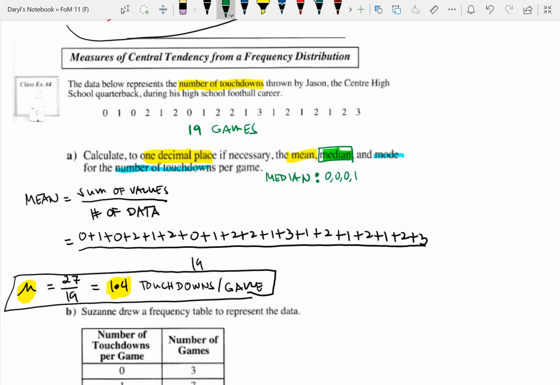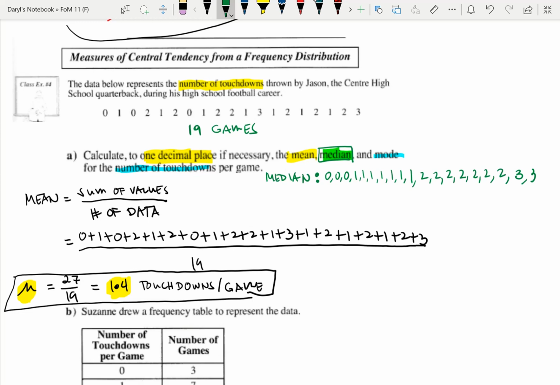How many ones do you have? 1, 2, 3, 4, 5, 6, 7. 7 ones, and then 7 twos. So 2, 2, 2, 2, 2, 2, and 2, and then 3 and 3.